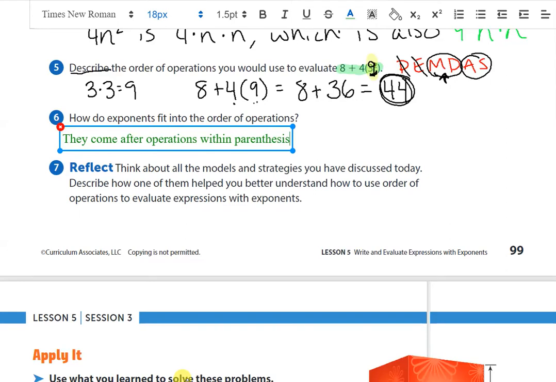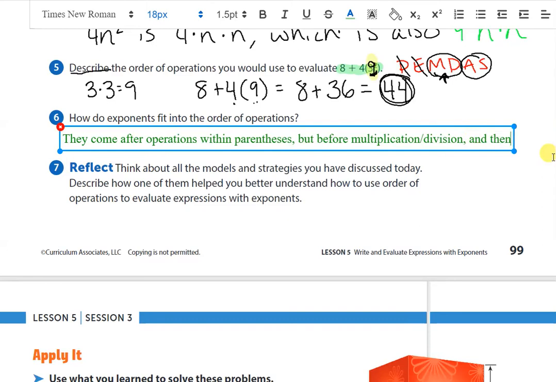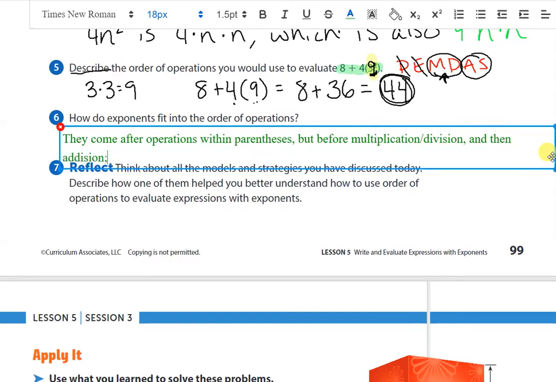Nope, it's not. Okay, wait. There we go. Parentheses. But before multiplication, division, and then addition. Oop, that's definitely not addition. Addition, subtraction.